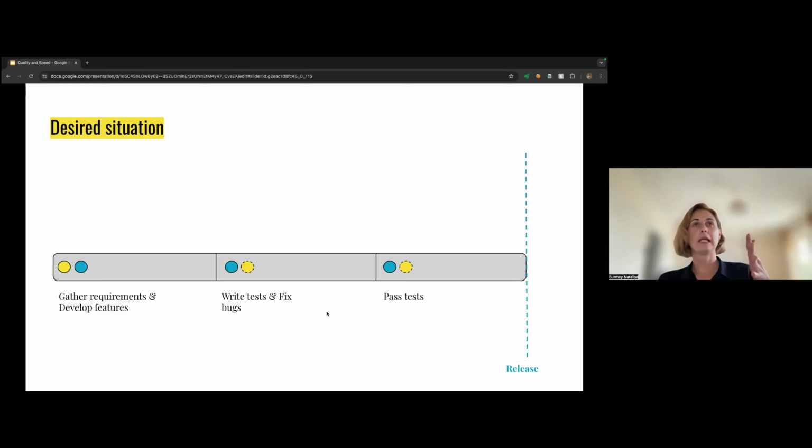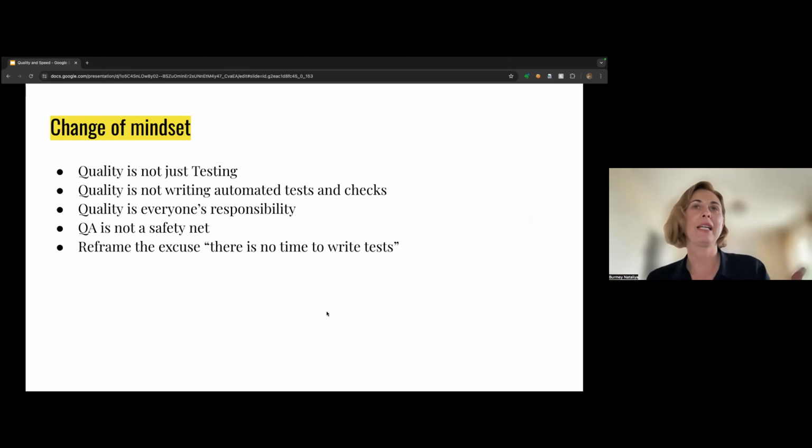So a lot of work went into this, particularly in changing the mindset of the development team, the mindset of testers and engineers, everyone who works in tech, and also our stakeholders, our senior people, and product managers.